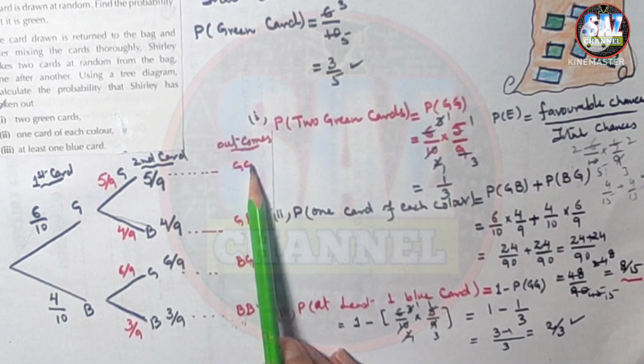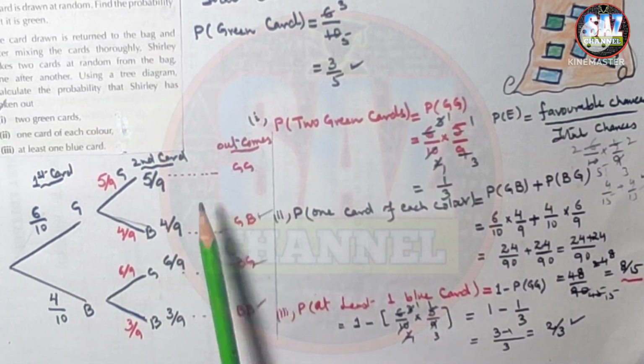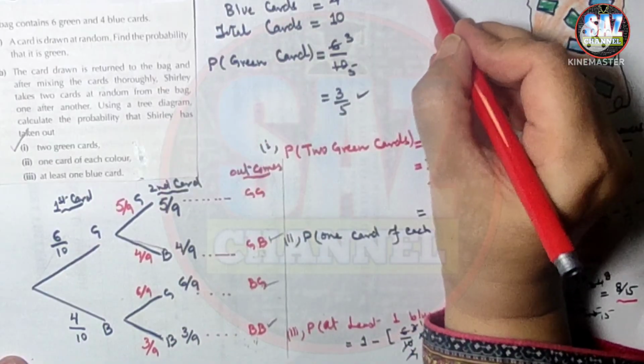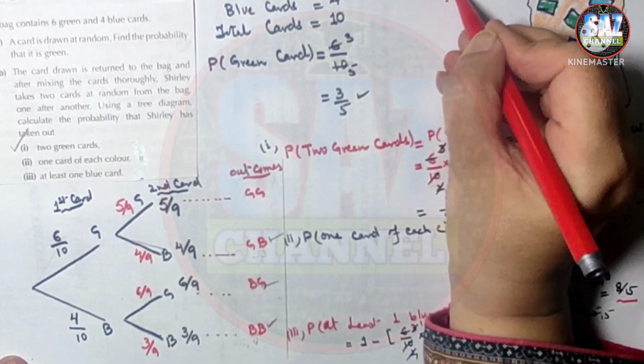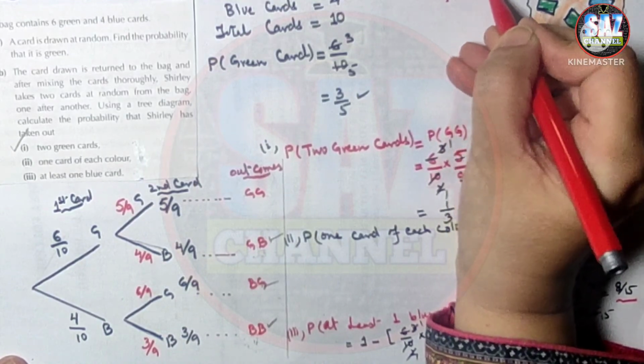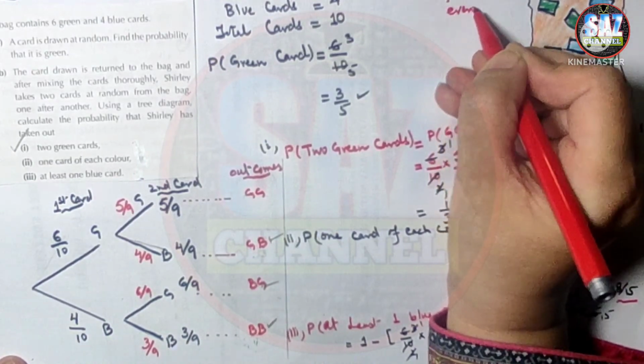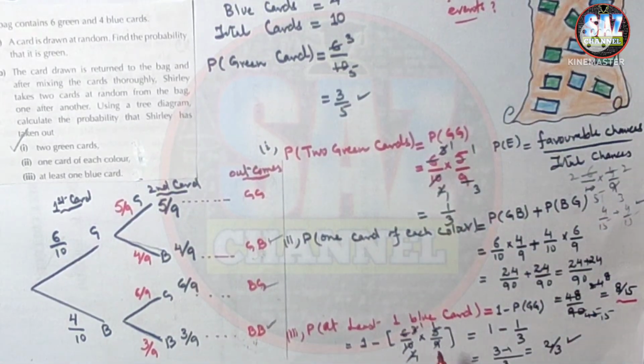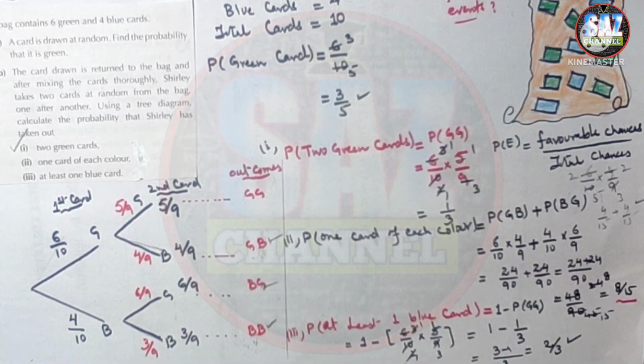So we can take the help of complementary events. For at least one blue card, we will be finding the probability of both green cards, and will be taking away that answer from 1.